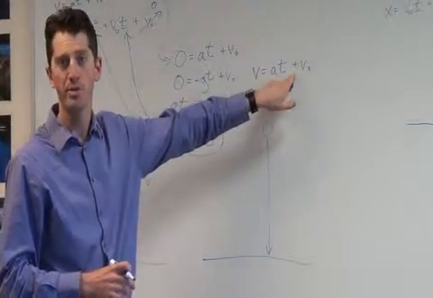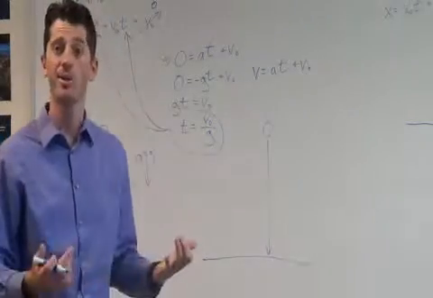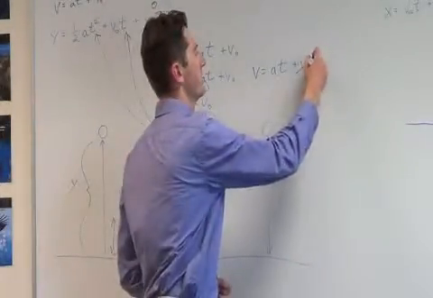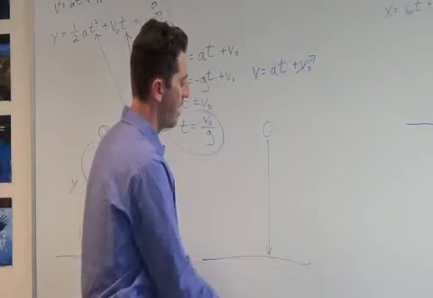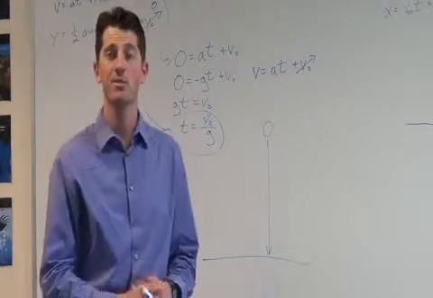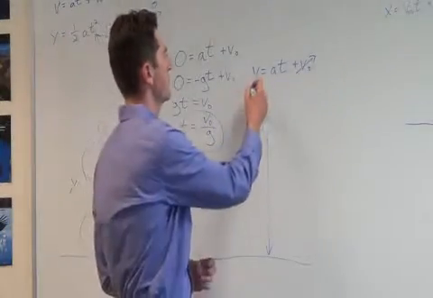That's just from page 23 of your kinematics equations. And if we drop it, v naught is 0. Give it no push. And in this case, we'll make down the positive direction because it's the direction of movement. It just makes our math a lot easier. And solve for t again.